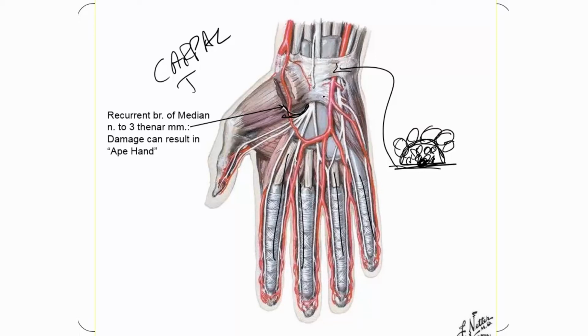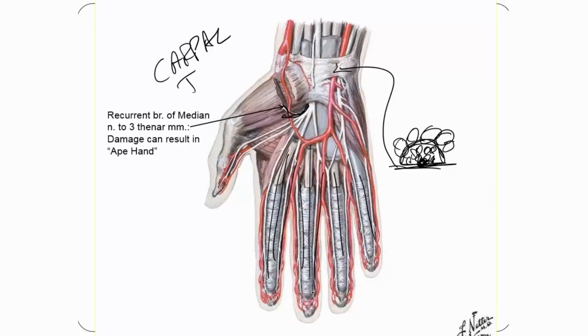And they can get carpal tunnel syndrome. Carpal tunnel syndrome will affect the nerve supply to the digits, so the lateral 3.5, again, including the nail beds to the digits. And once this has been around long enough, it can compress the nerve so that the nerve supply to the thenar muscles is damaged.